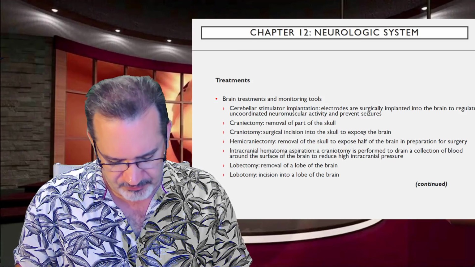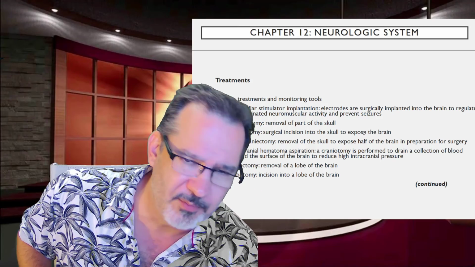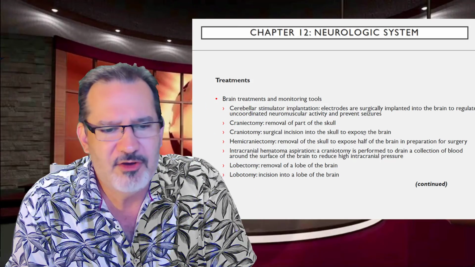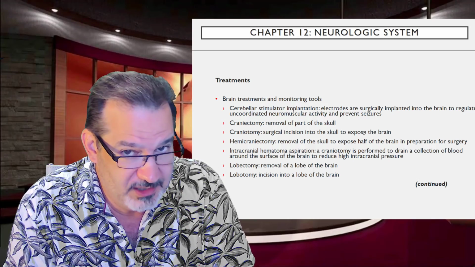What are some of the treatments? Some of the treatments that we see, craniectomy, removal of part of the skull, hemicraniectomy, removal of part of the skull to expose half the brain for surgery.